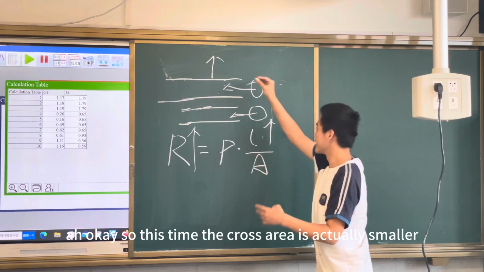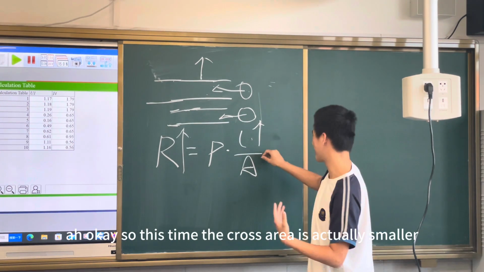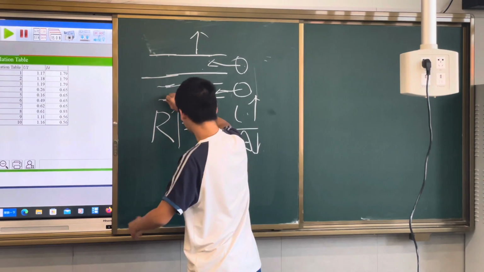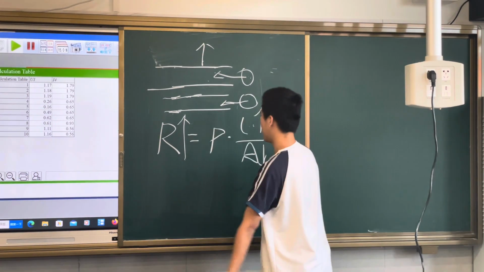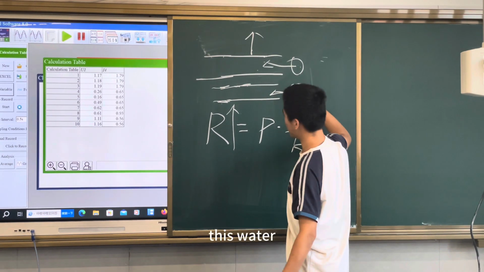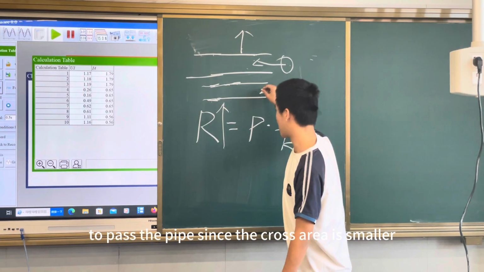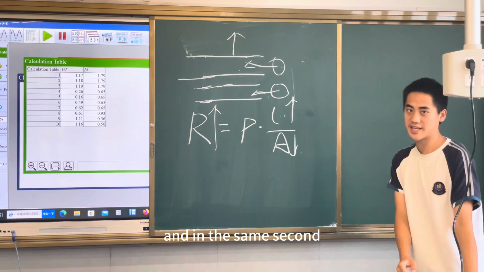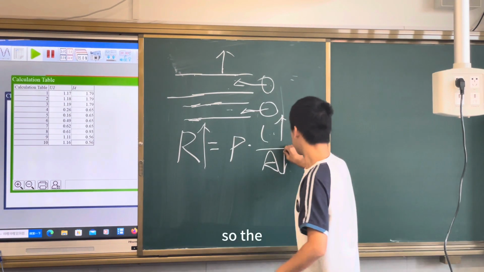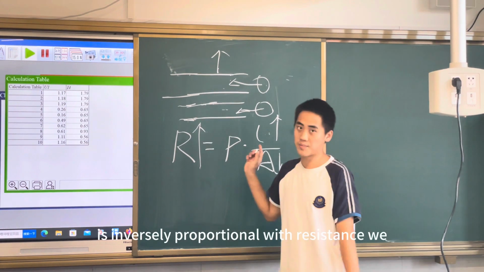So this time the cross area is smaller, but we can see it takes more time for this water to pass that pipe since the cross area is smaller, and in the same second there is less volume of water to pass the pipe. So the cross area is inversely proportional to the resistance.